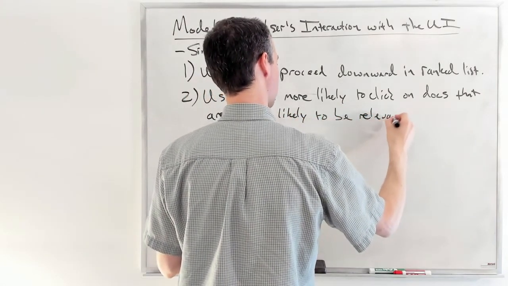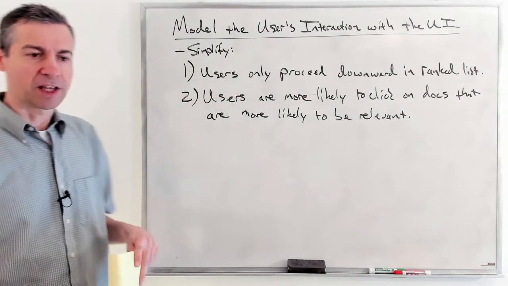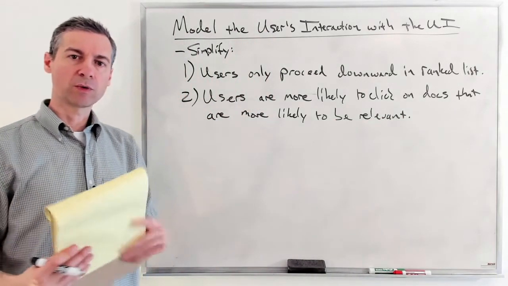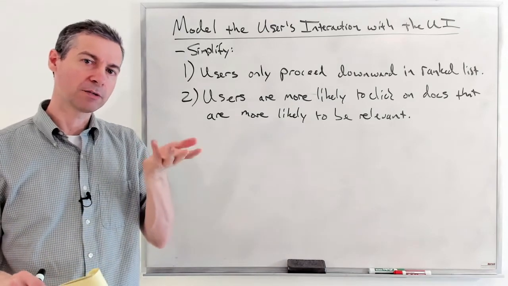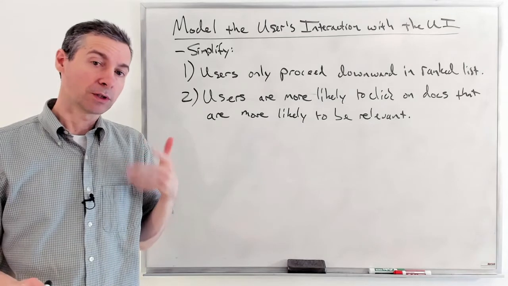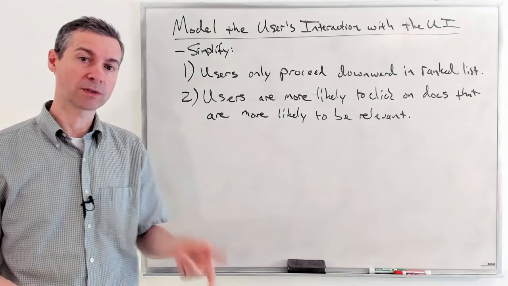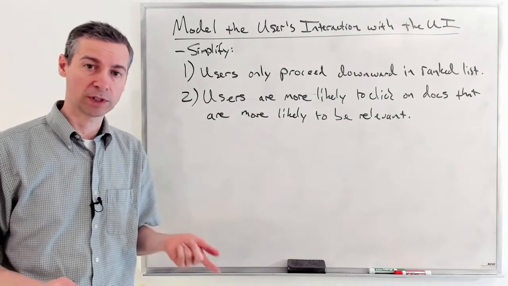I'm not quite sure this is expressing what I wanted to say, but again, remember, the idea is that when we think that a document is likely to be viewed as relevant by a user, those users are more likely to click on those links than the ones that we're pretty certain they don't want to click on.